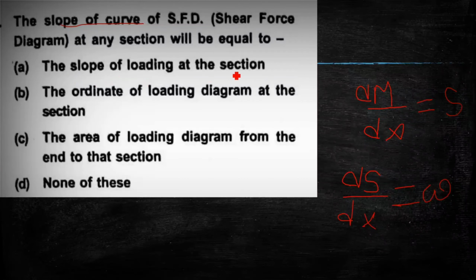So the slope of the loading at the section, no, this option is wrong. The area of loading, the ordinate of loading diagram at the section, the area of the loading diagram from the end of the section, none of this. So the correct option is option B, that is ordinate of the loading diagram.